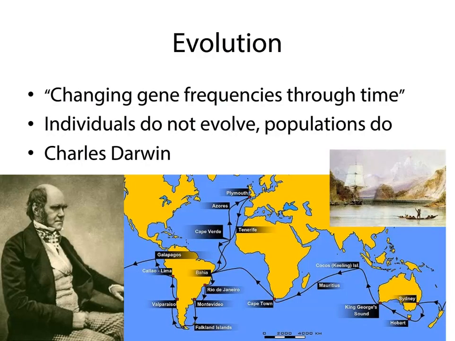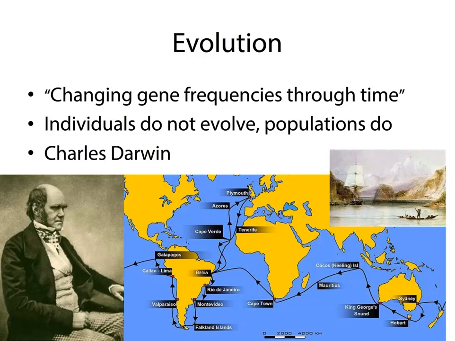Now, if you're ever asked to define evolution in this class, hint, maybe on a quiz, I want you to define it as changing gene frequencies through time. What this means is you have a population made of a genetic makeup of some particular inhabitants, and over time that genetic pattern will change.